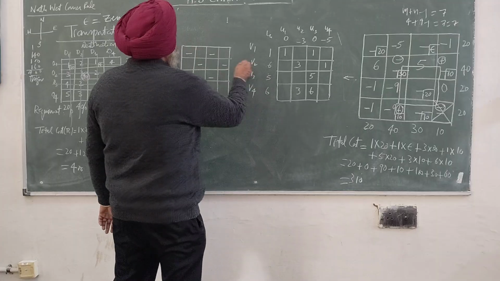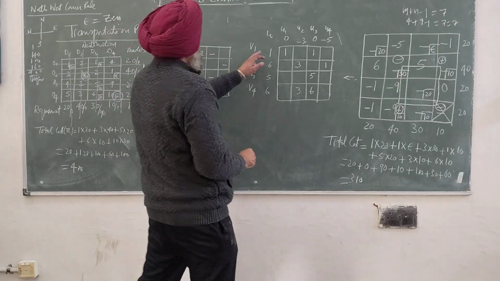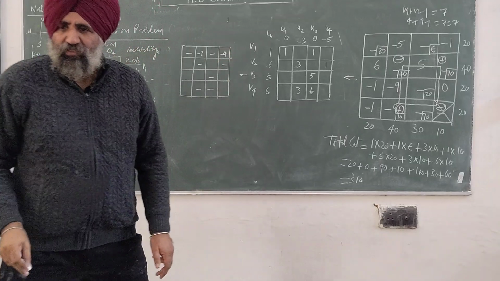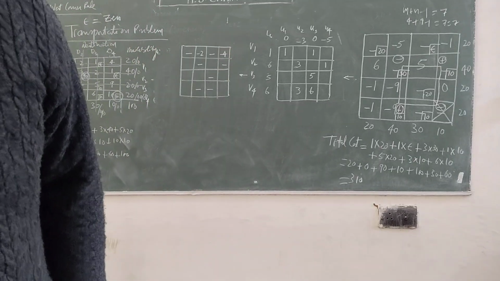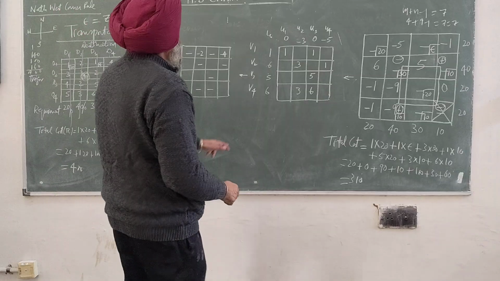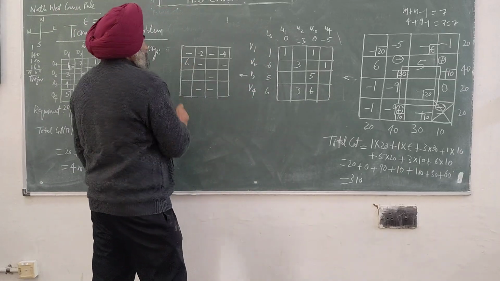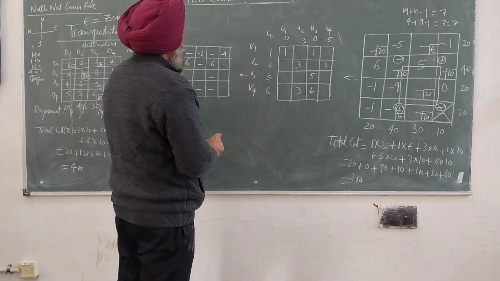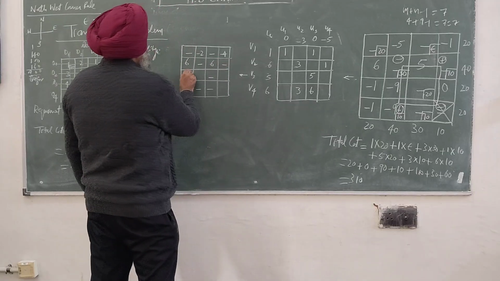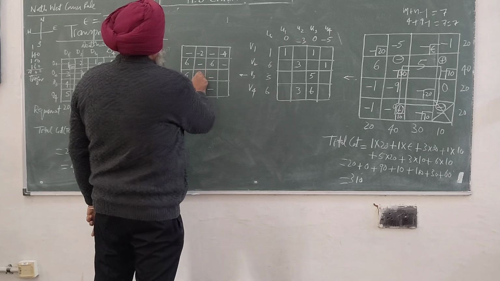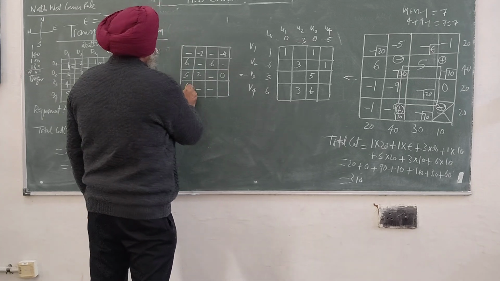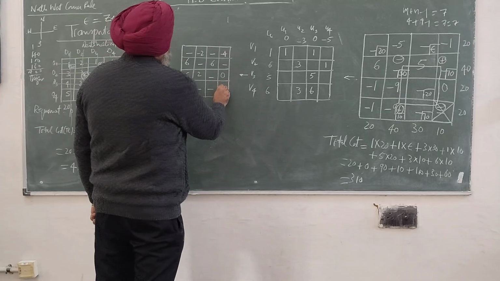For that, what we have: this is minus 2, this is minus 4, clear? Minus 2, minus 4, UiVj matrix for non-allocated cells. Here it is 6, here it is 6, here it is 6. Clear? And here it is 5, here it is 2, here it is 0, here it is 6, here it is 1.